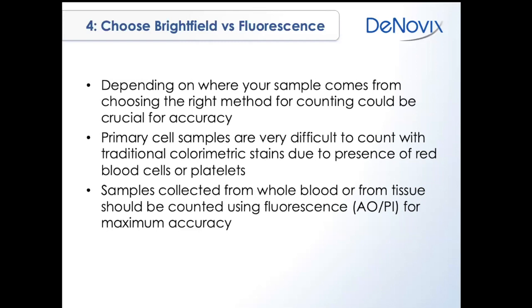If you use fluorescence for that sample, that's going to just target the cells of interest. Almost all the time people are looking for nucleated cells, white blood cells or something like that in this type of sample. So a fluorescence stain, AO/PI, is going to selectively pick just the nucleated cells and exclude the debris from that sample.